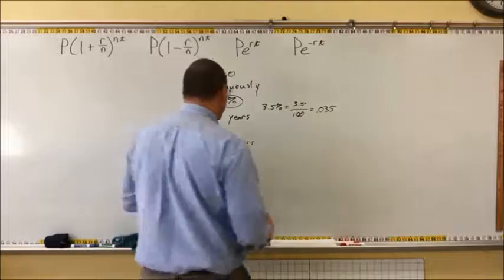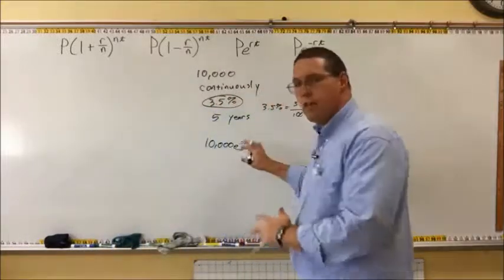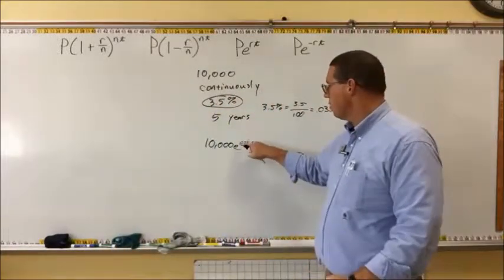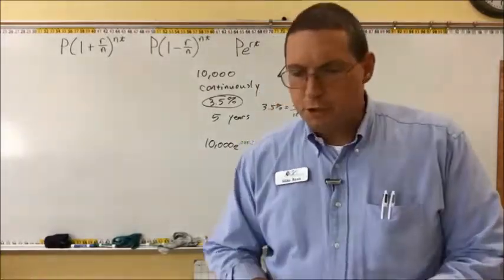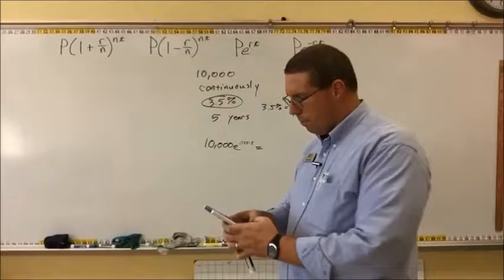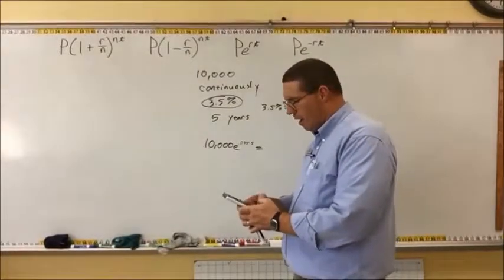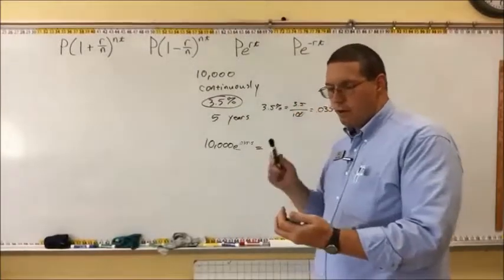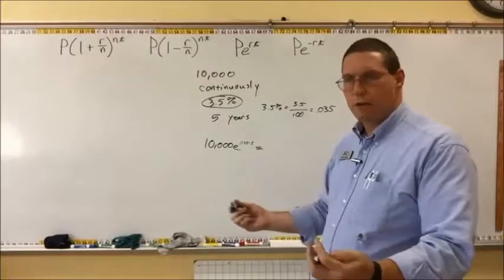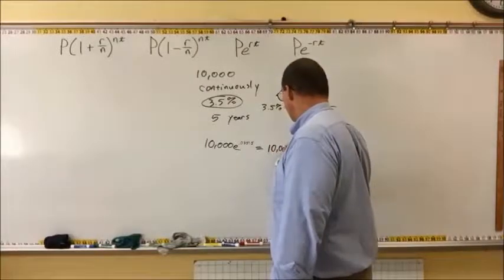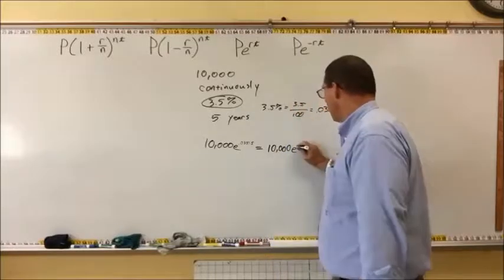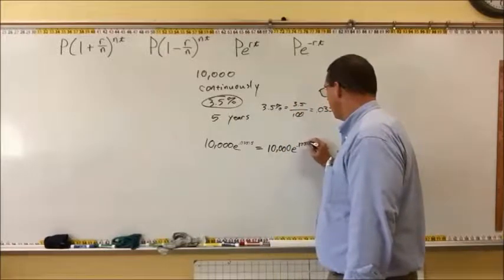Now, it's not imperative in this situation for you to simplify the 0.035 times 5, but if it makes you feel better, let's go ahead and do it. We'll go 0.035 times 5. That gives us 0.175. So this is 10,000 times e to the power of 0.175.